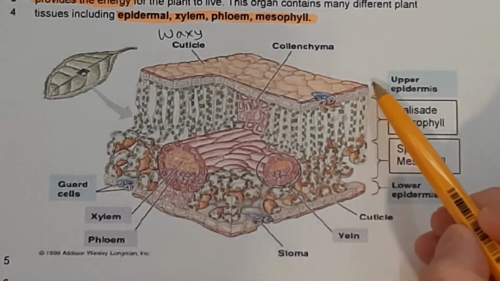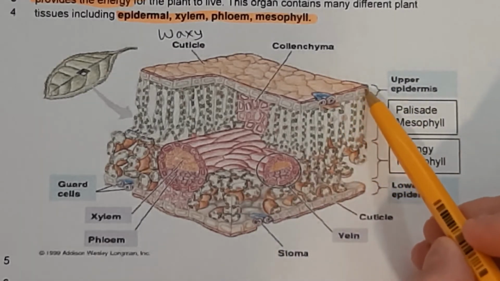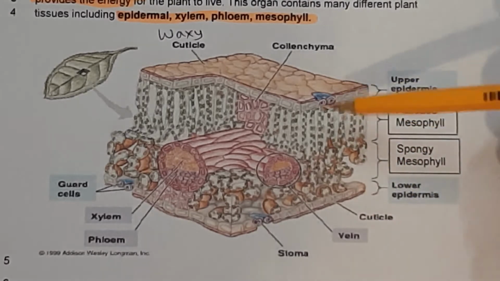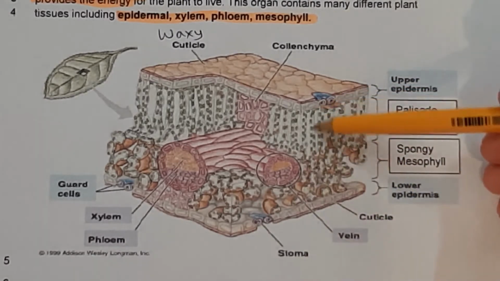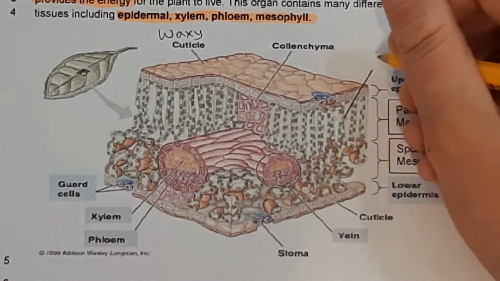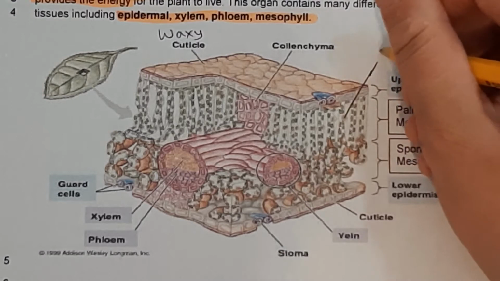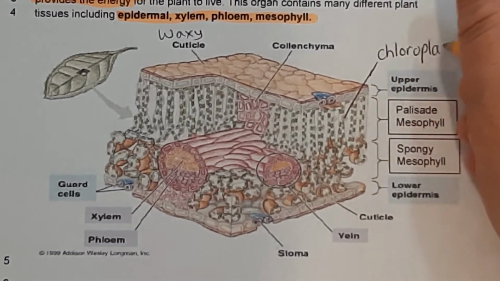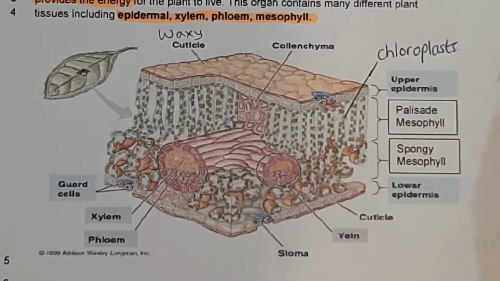Now we have the upper epidermis, that's this thick layer here. Okay, we have the palisade mesophyll, which is long, deep cells which contain the chloroplasts. In fact, you can see the chloroplasts here. I'm going to label one. So chloroplasts are found in the palisade mesophyll.